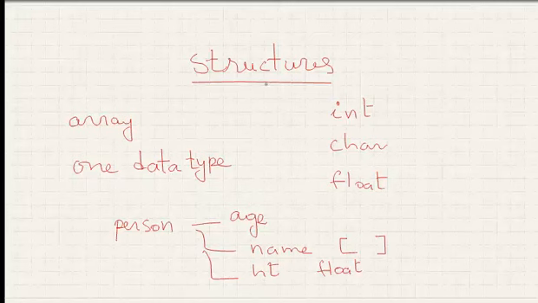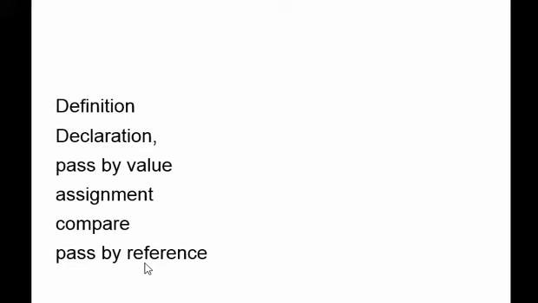Structures are very useful, right? We will be talking about how to define a structure, how to declare a structure, how to assign two structures together. Can we compare two structures just like we did variables? Can we pass by value? So we'll be going over these concepts in this video.